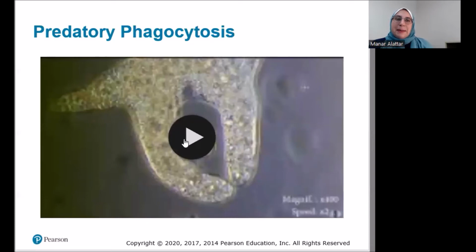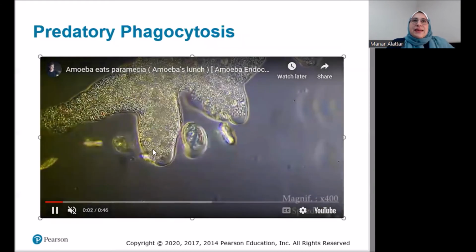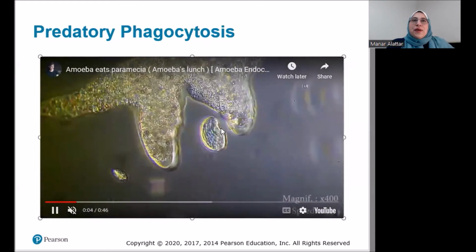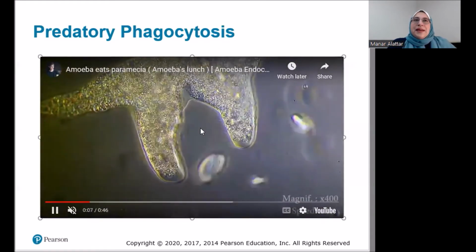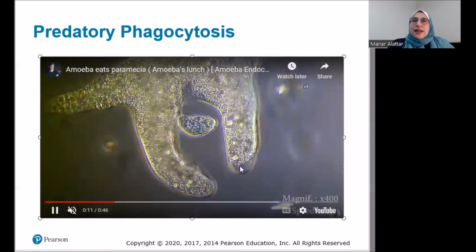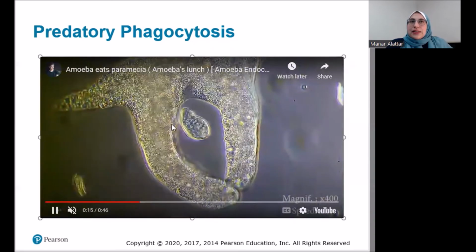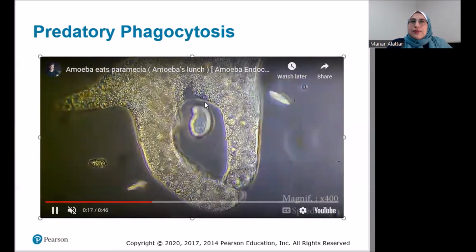So you can see that here. This is the amoeba, not the white blood cell, but it's a good example. Okay, so chemotaxis, where it's moving toward, this is a little paramecium, and that's going to be engulfed. And those pseudopods, this is real time. Pseudopods move very quickly. And then you'll start to see that the vesicle is formed in 3D.